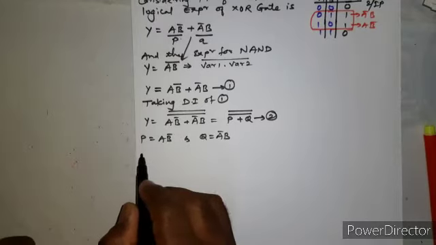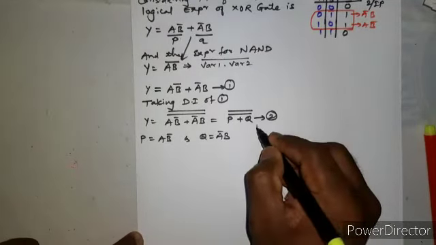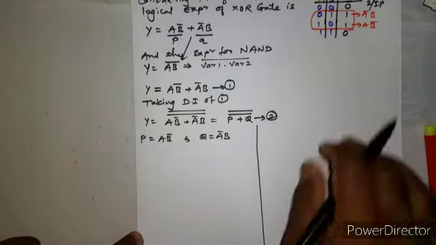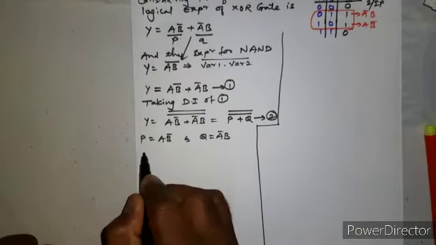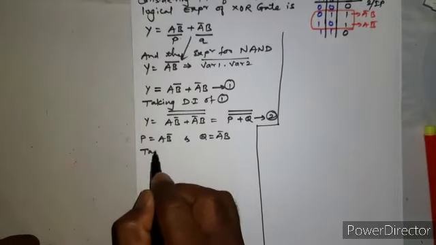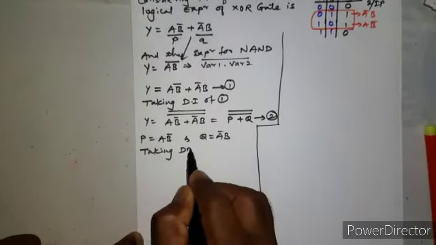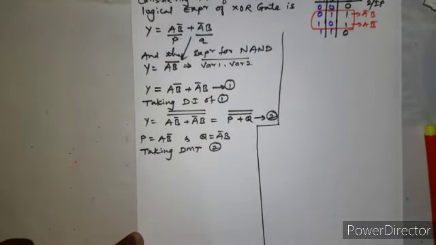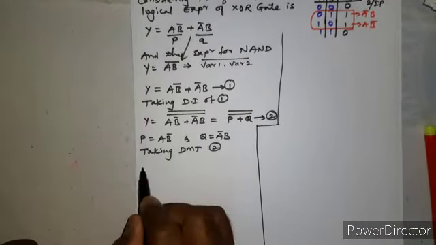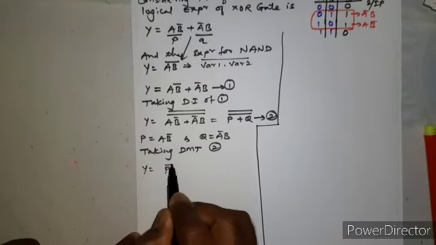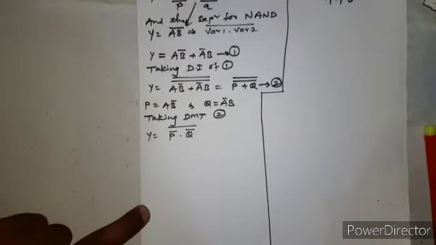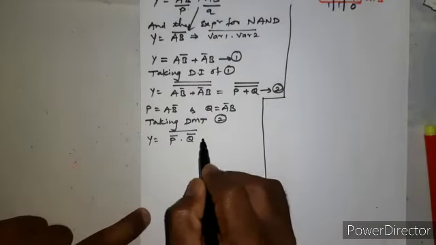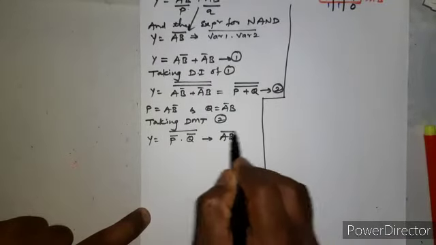Okay, so I'll just draw a line here because I need to draw the circuit here also. So taking De Morgan's theorem for equation 2, we have y equal to P bar dot Q bar whole bar. Okay, so is it in the form of A B whole bar?